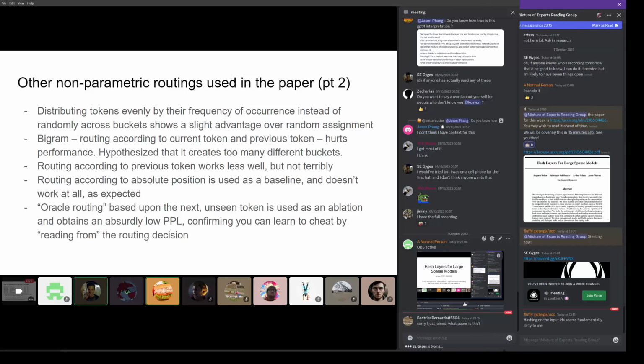If you have a vocabulary of 20,000, the number of possible hashes is now 20,000 squared, which is a ridiculous number. So any given expert may only have seen a specific input once, right? So it doesn't work very much at all if you use bigrams.